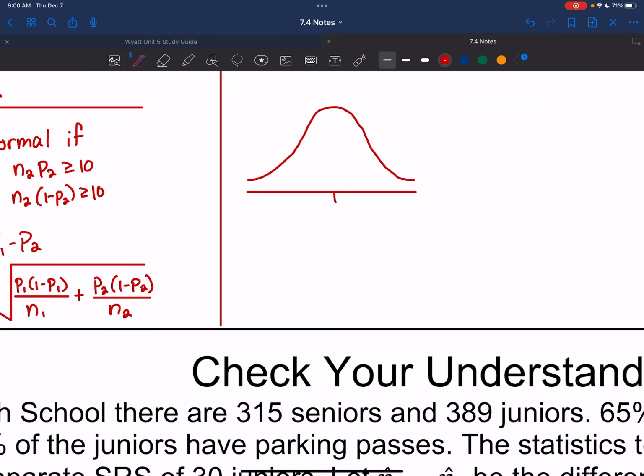In the center will be your true value, P1 minus P2. And let's say, for example, it really doesn't matter where it is. If you're looking at something else, this might be p hat 1 minus p hat 2. It's your observed value. Let's say I'm trying to calculate at and below that.